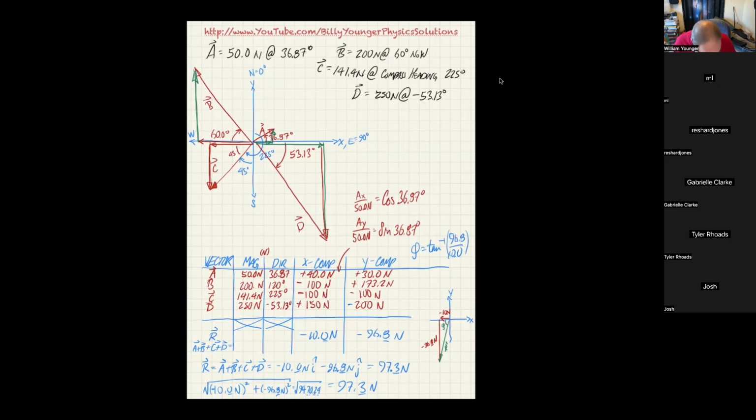Yeah, no wonder, I hit tangent instead of tangent inverse. Tangent inverse of 96.8 divided by 10. That gives me 84.1 degrees.